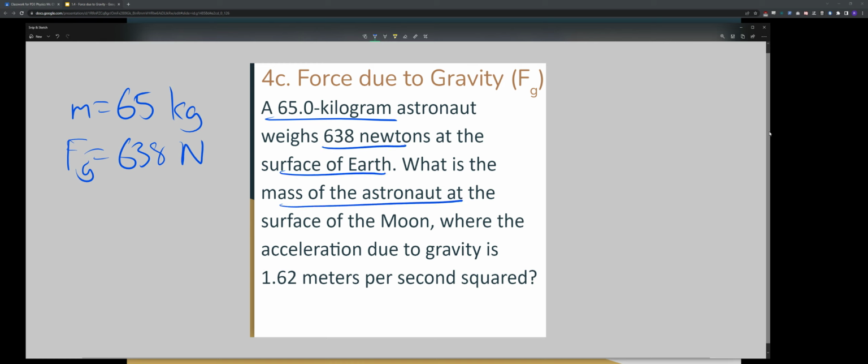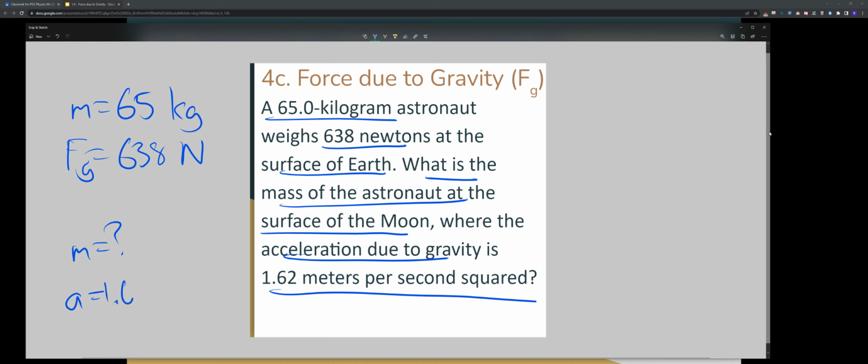What is the mass of the astronaut? So they're looking for the mass of this astronaut on the surface of the moon, where your acceleration due to gravity is 1.6 meters per second squared.